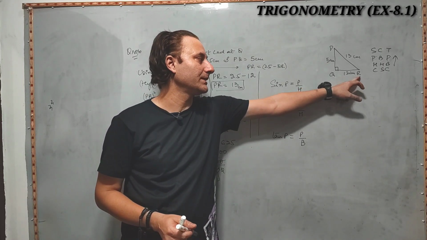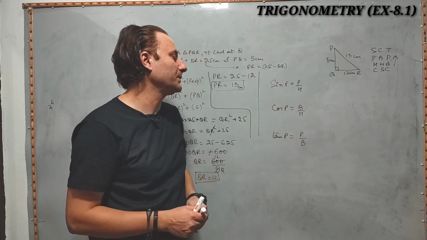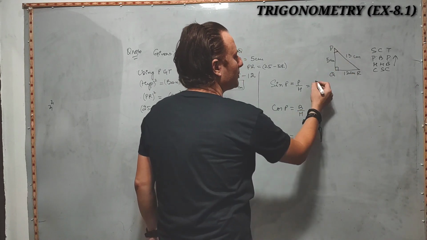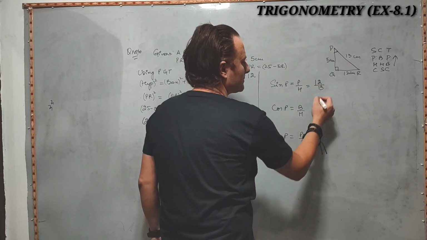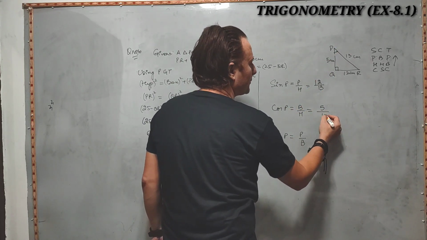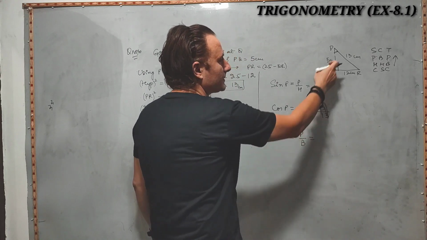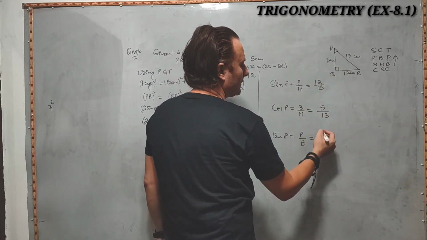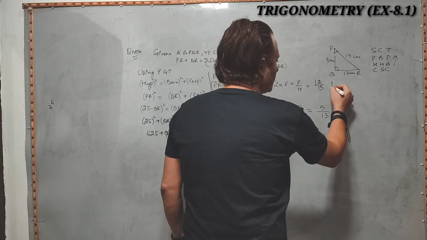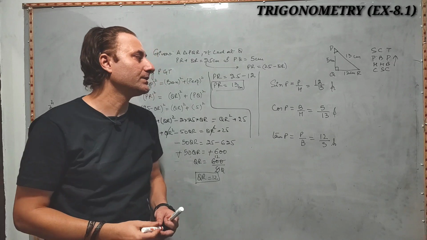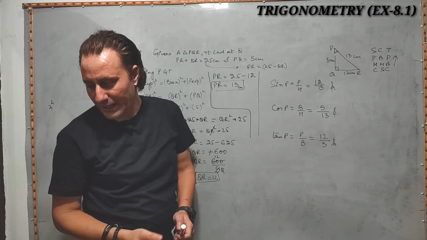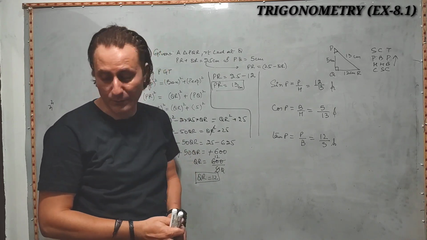We are not talking about this angle, we are talking about this angle. So this is P. So now for this angle the perpendicular is 12 and hypotenuse is 13. For this angle base is 5 and hypotenuse is 13, and for this angle perpendicular obviously is 12 and base is 5. So these are the answers. Sine P is equal to 12 upon 13, cos P is equal to 5 upon 13, and the tan P is equal to 12 upon 5.